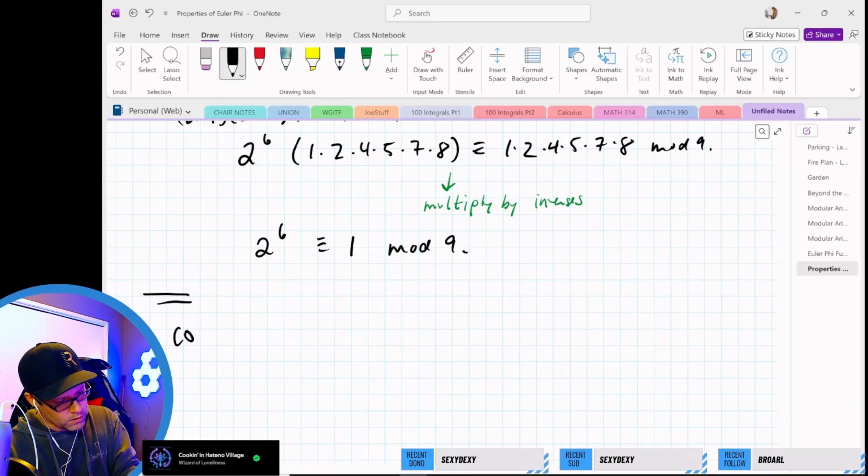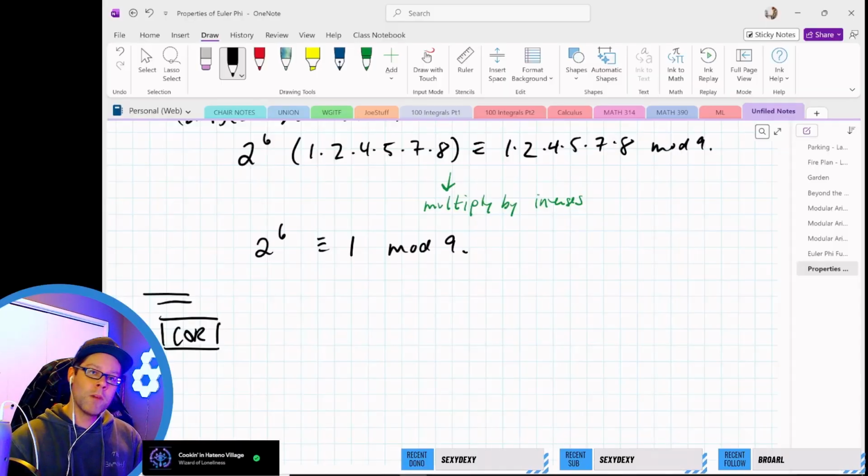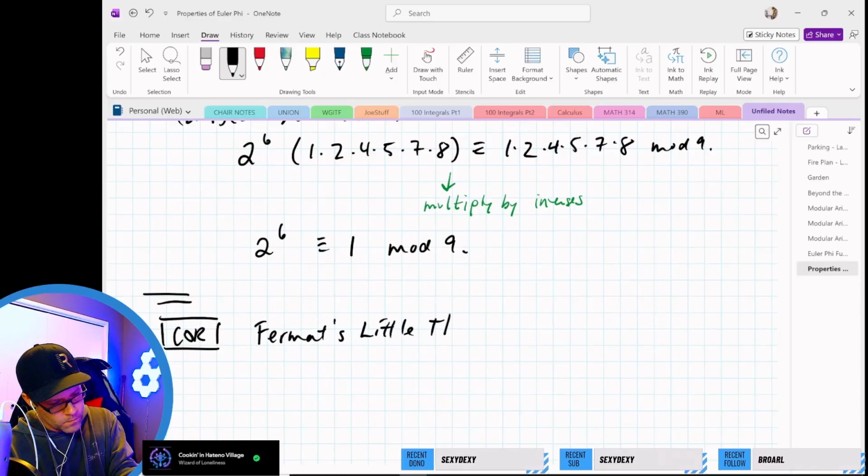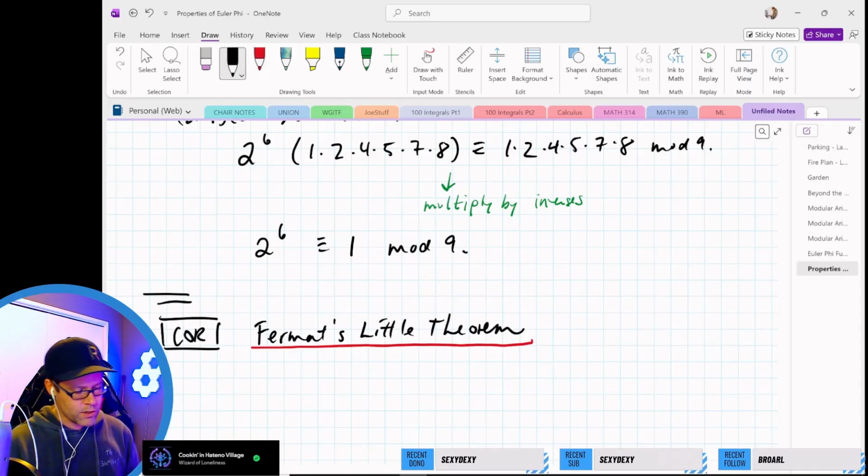Okay, and there's one corollary that I just want to finish off with that is a spin-off from Euler's theorem, and that's going to be Fermat's little theorem. So this is called Fermat's little theorem. Remember, corollary here just means that it's usually a result of the previous thing that we discussed.